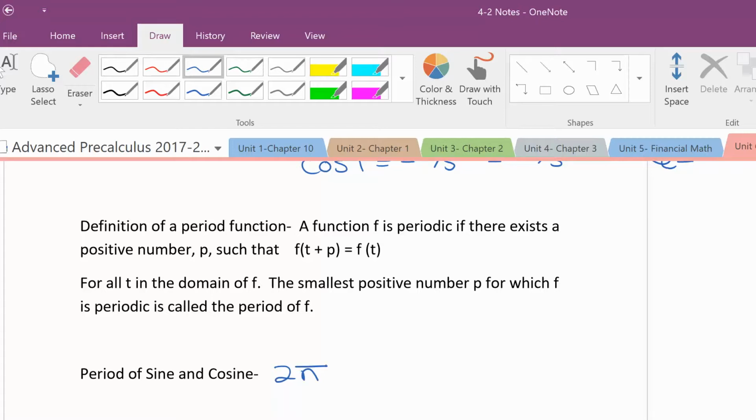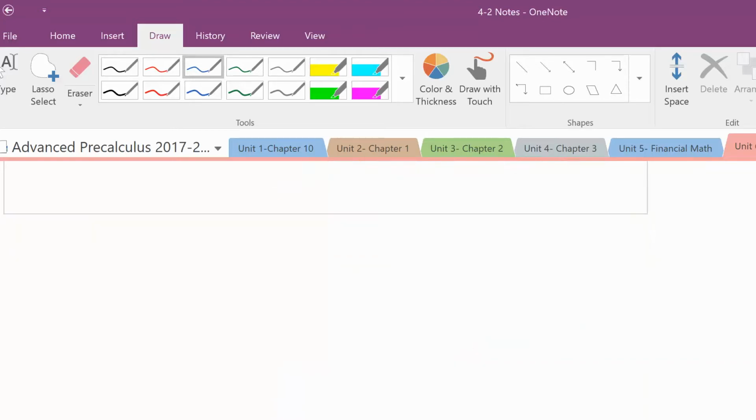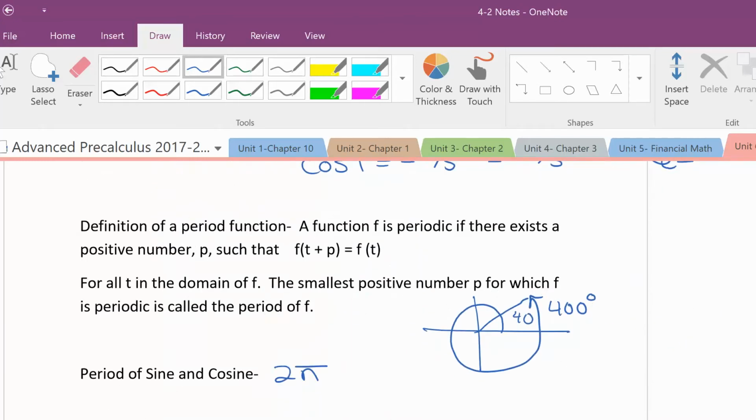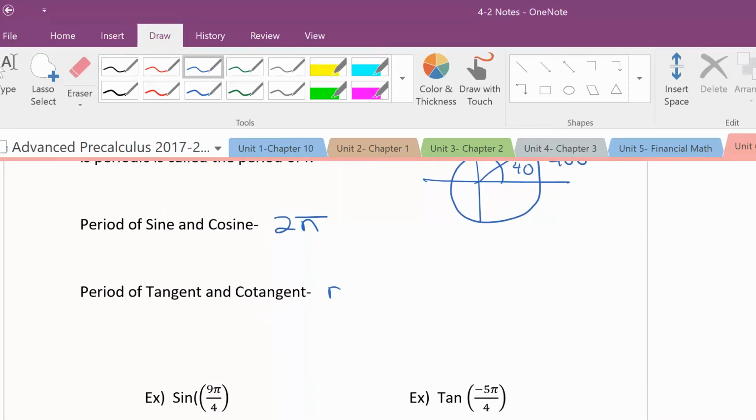If you just add a full circle, 360 degrees, you get back to where you started. For example, 40 degrees and 400 degrees are the same angle. For tangent and cotangent, the period is pi.